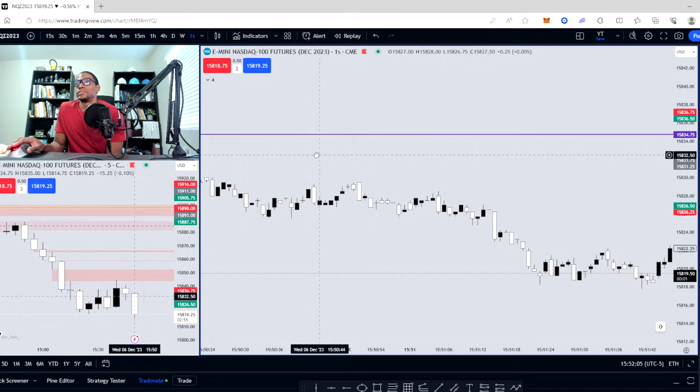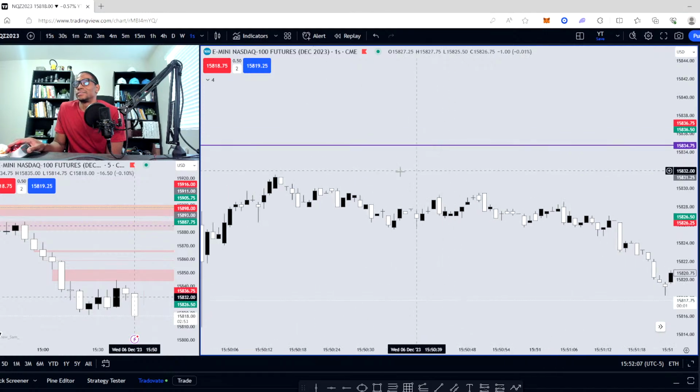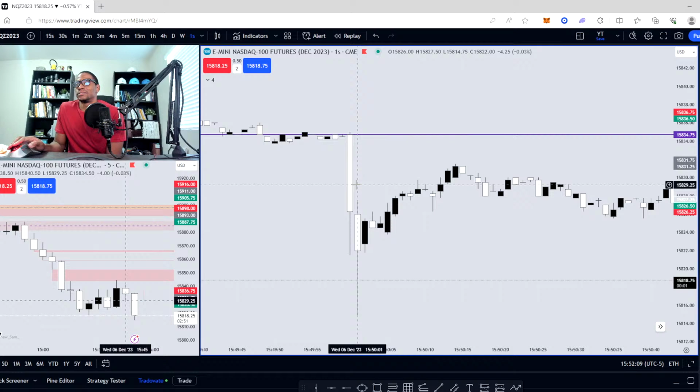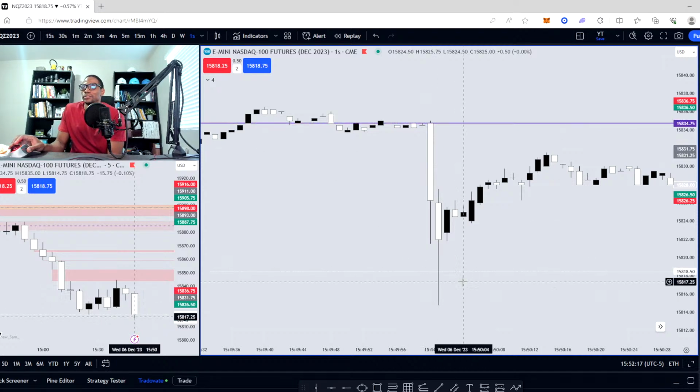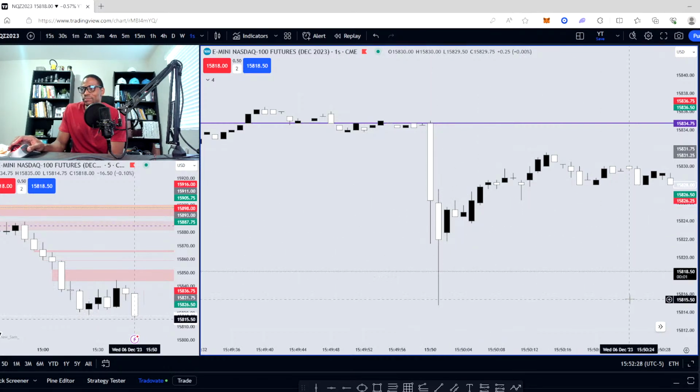Let's take a look at the 1 second chart. Let's see that big move down. Here it goes. In 2 seconds, going from 834 and 3/4 down to 814 and 3/4. Like I said, 20 points. First second, this candle. The second, this candle.